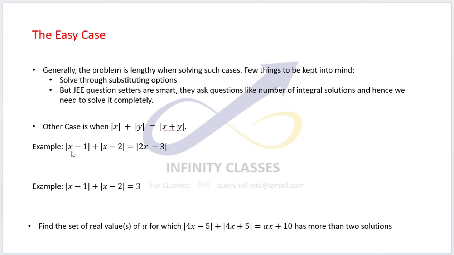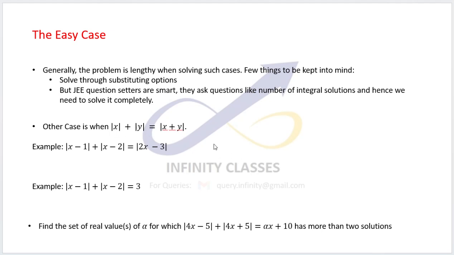As you can see here, x minus 1 plus x minus 2 is equals to 2x minus 3. So mod x plus mod y is equals to mod of x plus y. Whenever such a kind of situation happens, as I've already told you, for such equal to sign to hold, x and y should be positive.